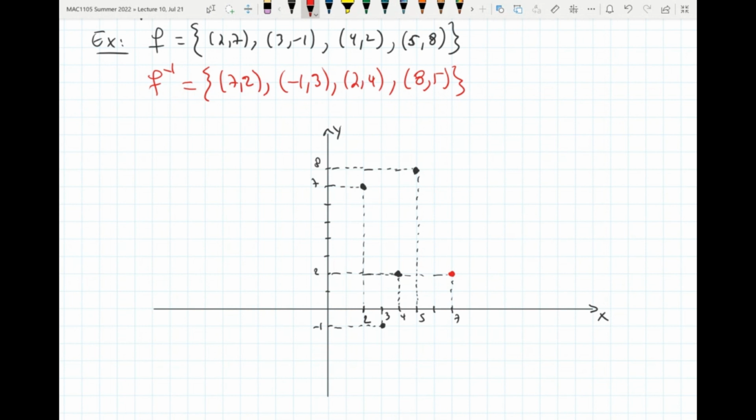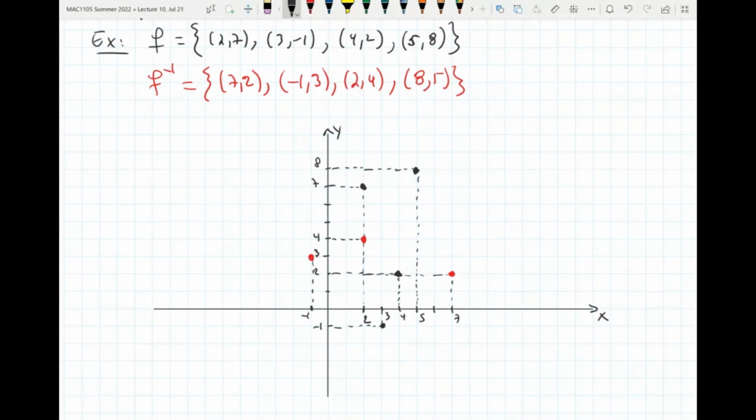We have this guy. Then -1, 3. That comes from 3, -1. Okay. So -1, 3. It's right here. Then 2, 4. That comes from 4, 2. And then 8, 5.